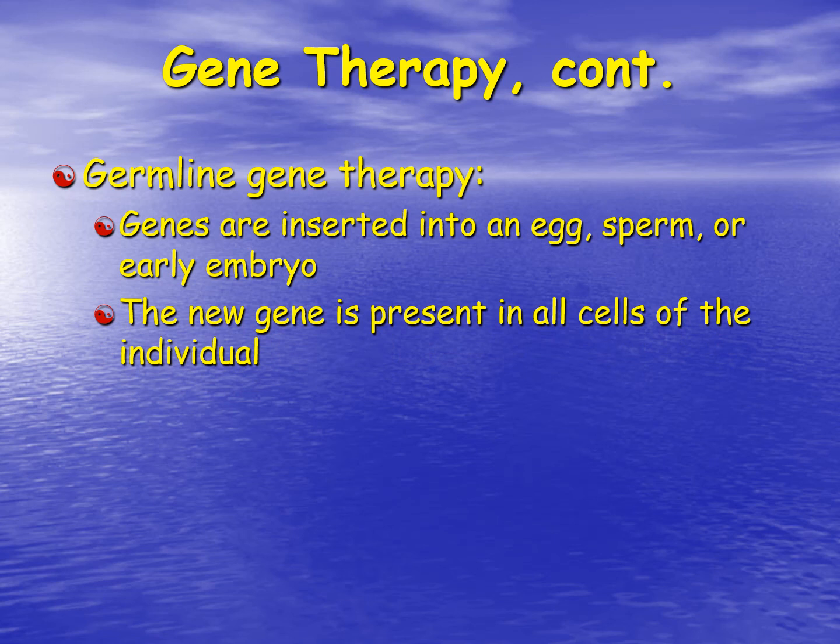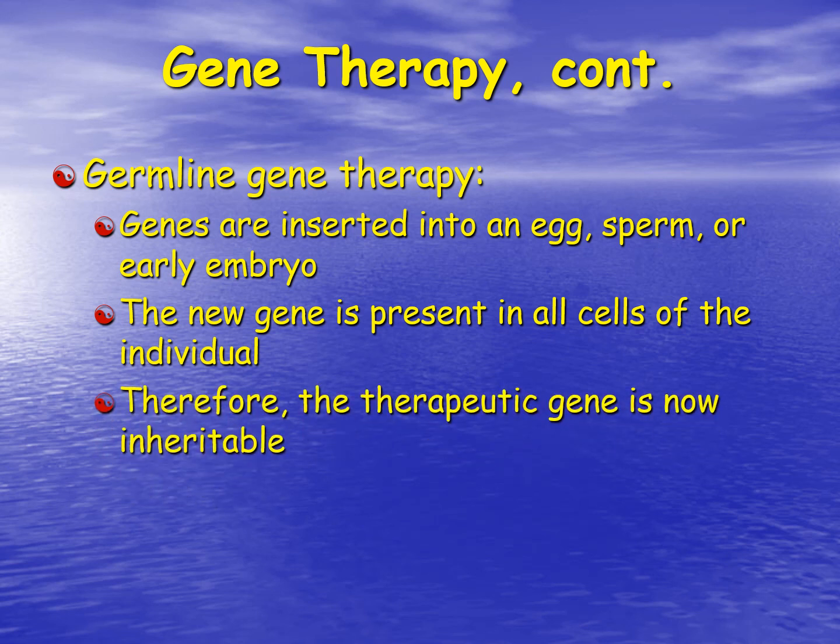This means the new gene is now present in all cells of that individual. And so in the early embryo, the cells continue to divide, and each one of those now has a copy of that gene that was placed in the earlier cell. Therefore, the therapeutic gene is now inheritable.